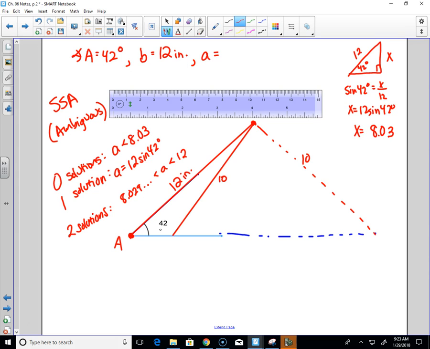Whenever that opposite side is greater than the opposite side would be if it was a right angle, but less than this side, you could swing it out and make one, or you could swing it in. So this would be an example where we would try our 2 cases, and not only would that one work, but that one would work also. Not only would this one work where all my angles are acute, but this one would work also where I would have an obtuse angle.